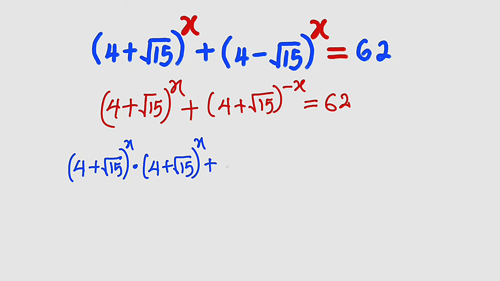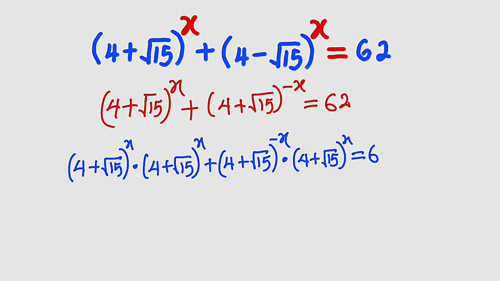We move to the second term, (4 + √15)^(−x) multiplied by (4 + √15)^x. This is equal to 62 multiplied by (4 + √15)^x. So we have just multiplied all three terms by (4 + √15)^x.